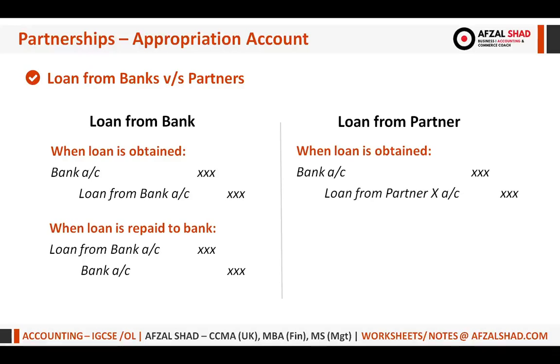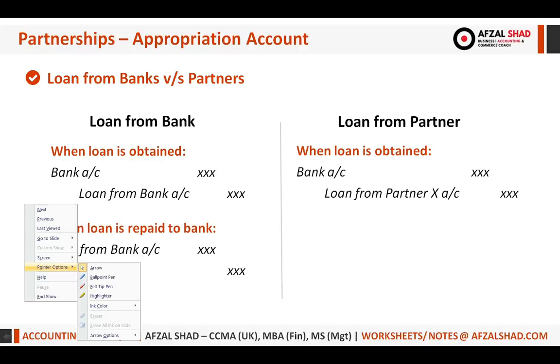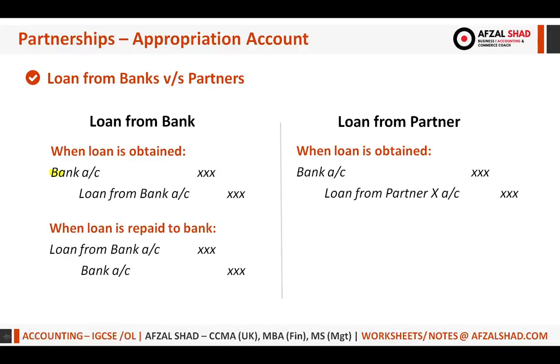When a loan is obtained from the bank, bank account is debited and loan from bank account is credited. But when you get a loan from the partner, the bank account is debited, same, but rather than saying loan from the bank, you call it loan from partner X account.